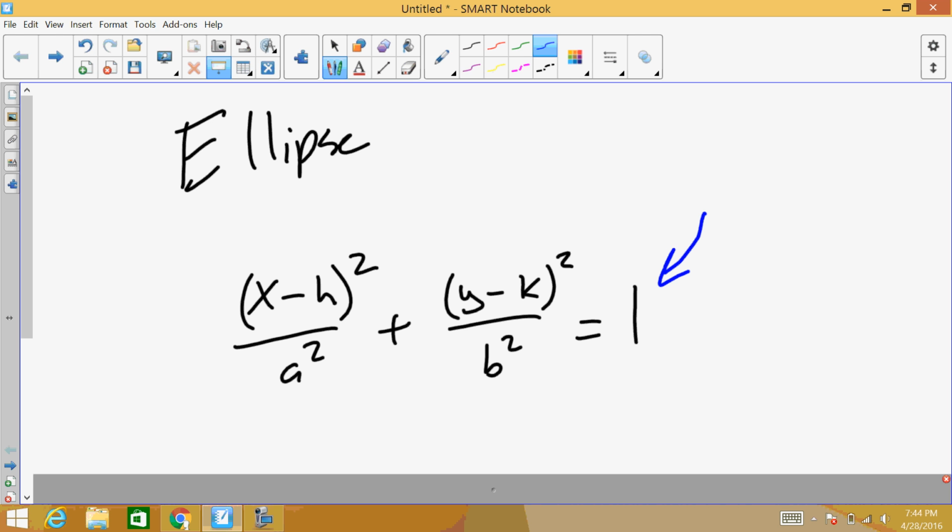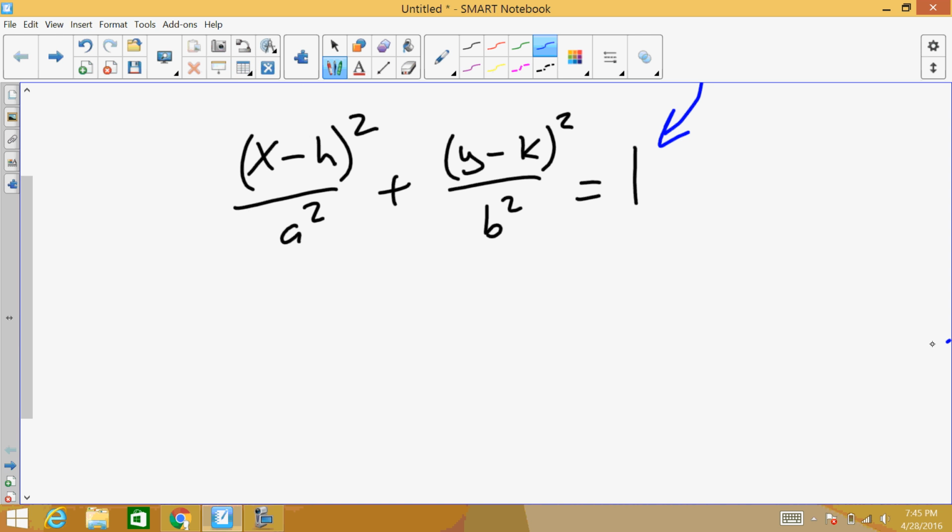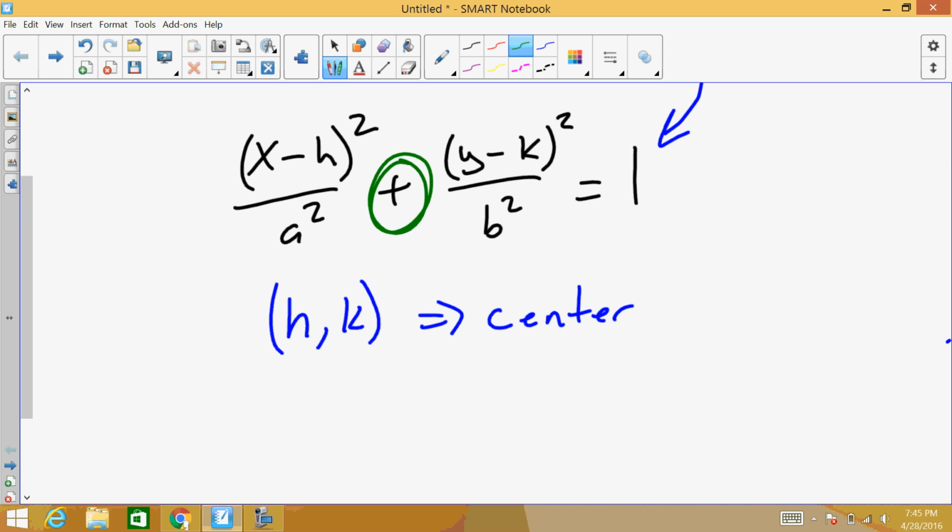Okay, now, how does the rest of this work? Well, you can probably guess from what we've done in the past with circles and things like that, that h comma k is going to be our center. Okay, so that's the first thing that I know. Now, A and B, we're going to talk a little bit more about those later, but the other thing that I almost forgot to mention is right here.